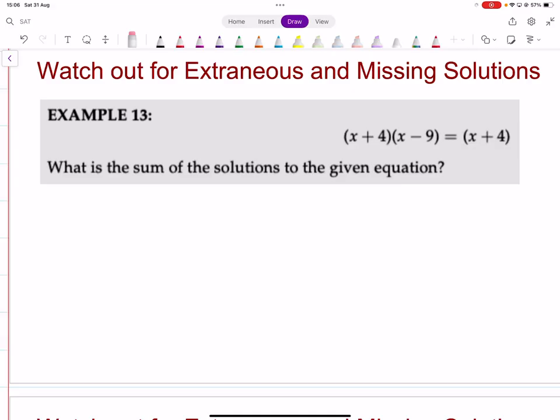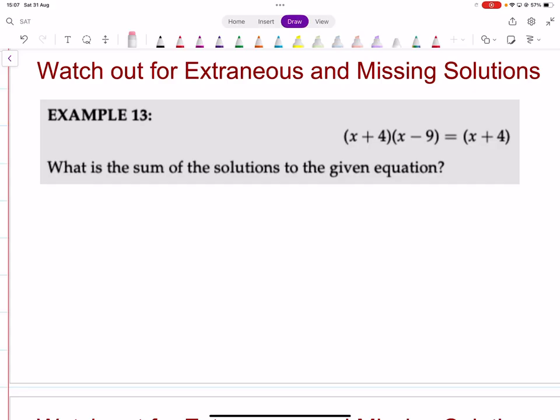Gee, anyone? What's the sum of the solutions to the given equation? Yes?